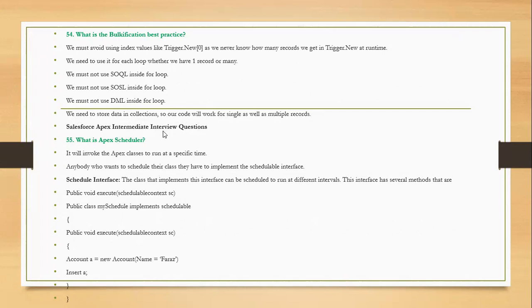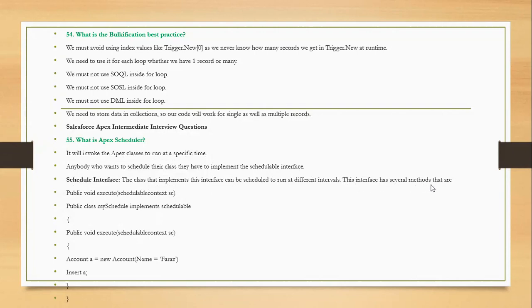Salesforce Apex intermediate interview questions. What is Apex Scheduler? It invokes Apex classes to run at a specific time. Anybody who wants to schedule a class has to implement the Schedulable interface. Classes that implement this interface can be scheduled to run at different intervals.